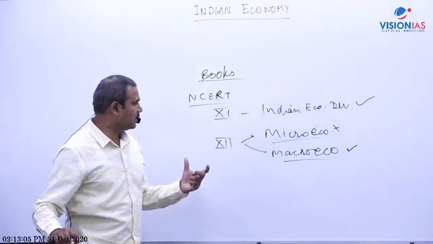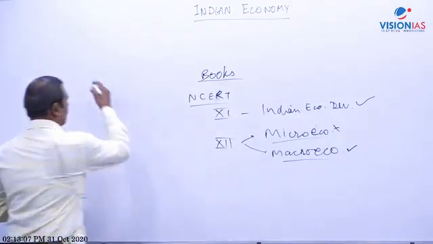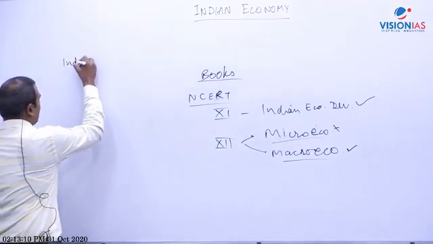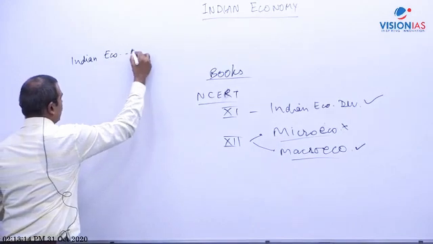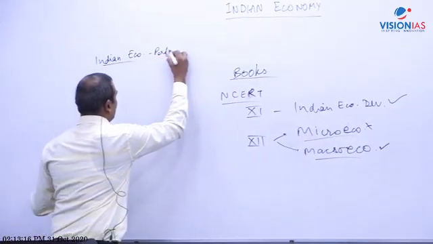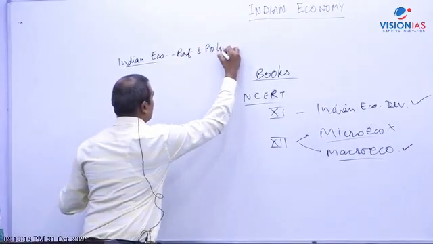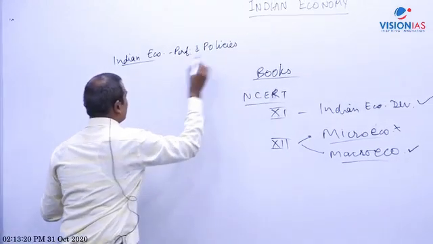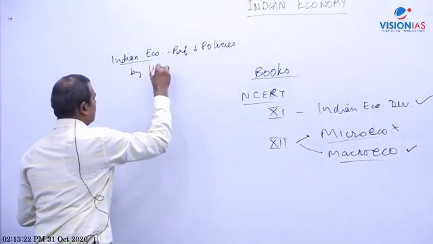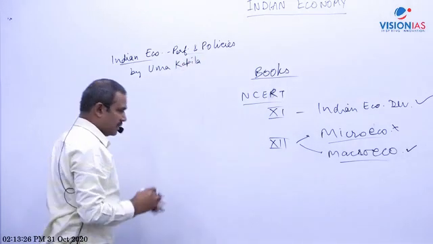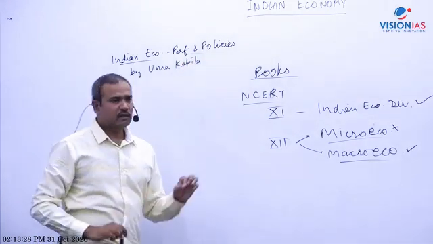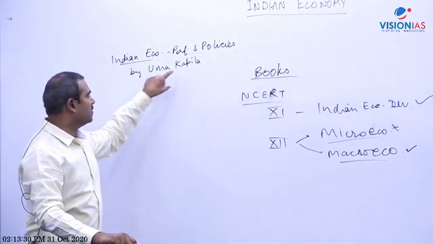Another good book is Indian Economy: Performance and Policies by Uma Kapila. She is a lecturer in Delhi University, and this is prescribed for BA third year.